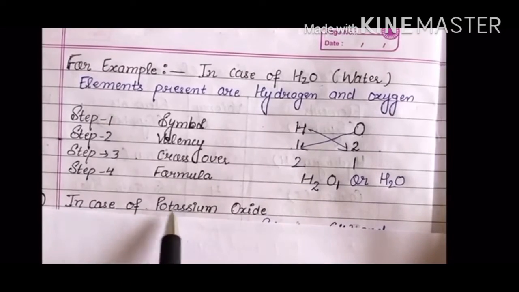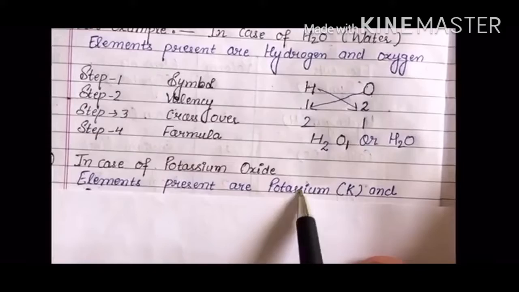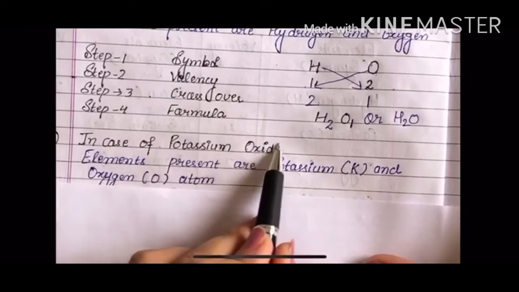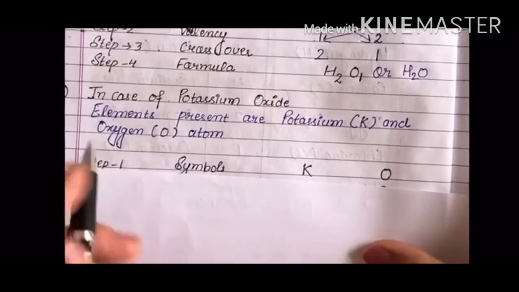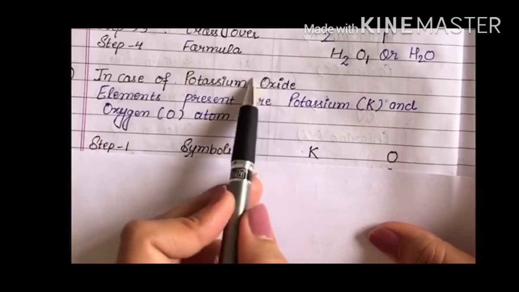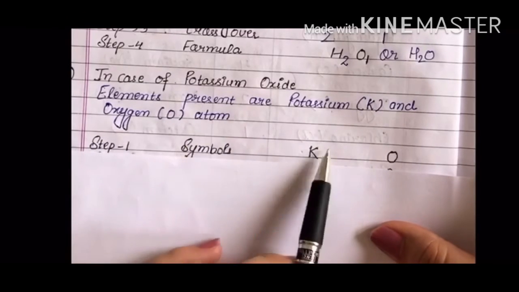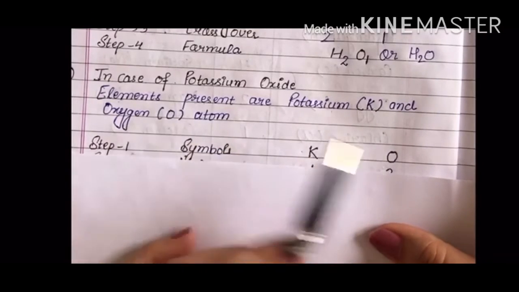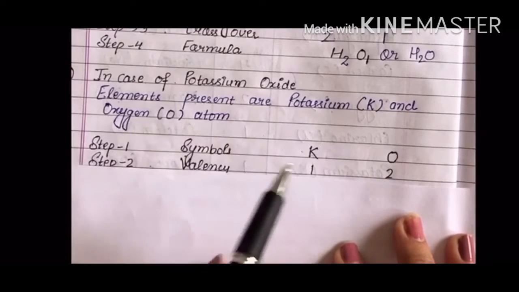Next, in case of potassium oxide, elements present are potassium and oxygen, because oxide means oxygen atom. Okay. So step 1: for potassium we use K. Which symbol is used for potassium? K. And for oxygen, O. Next step is we have to write down their valencies.